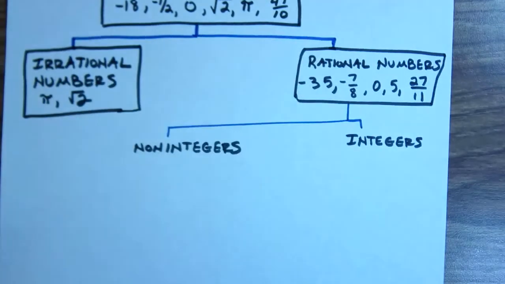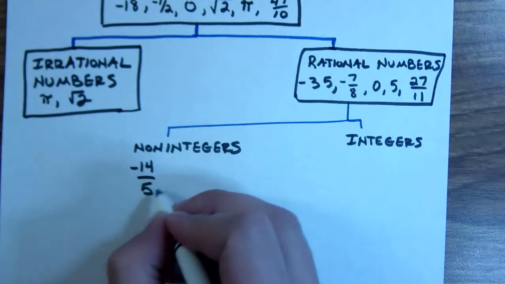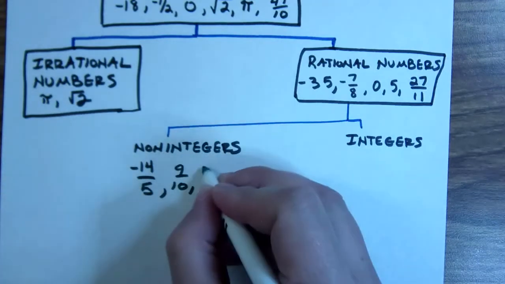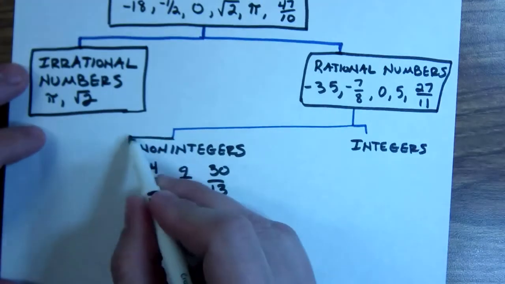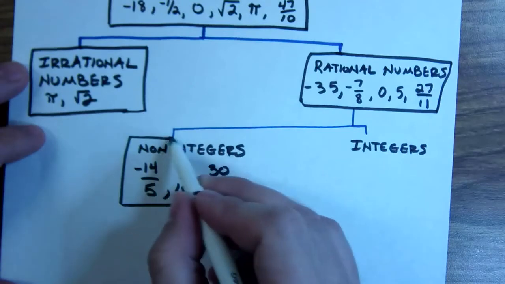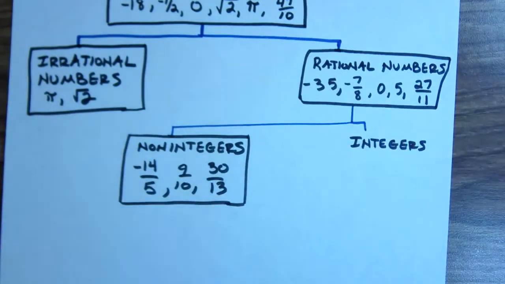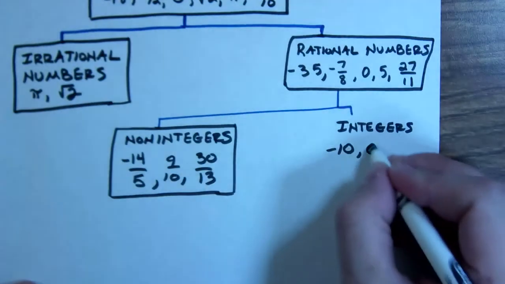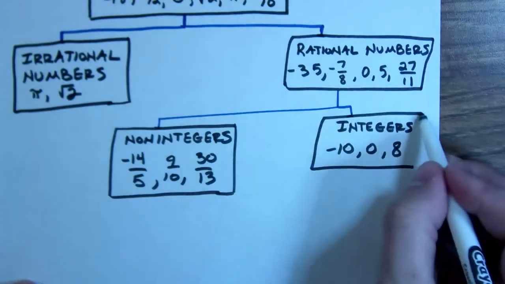An example of a non-integer would be fractions. And an example of integers would be whole numbers, zeros included, positive numbers, negative numbers. Those are integers.